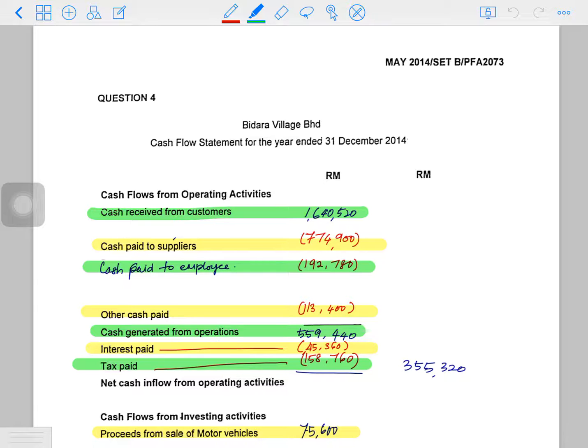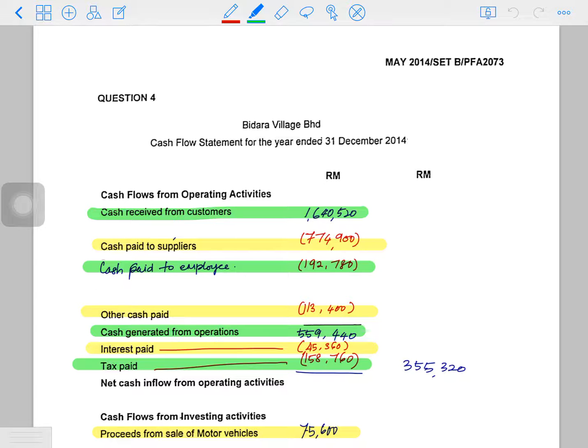As I mentioned earlier, we know what cash is. Cash is cash in hand, bank, and also bank overdraft. So items inside this cash and cash equivalent should be bank, cash in hand, or bank overdraft.